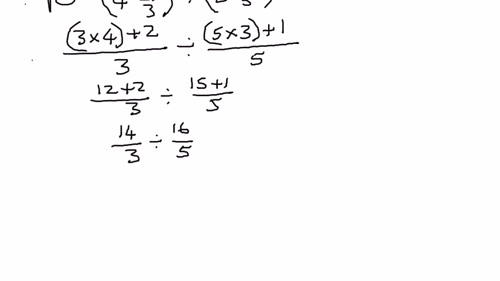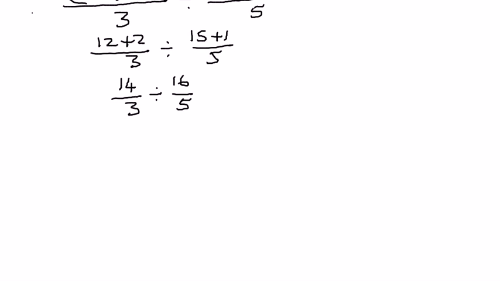Now here I want to show you that we can simplify this part of it. We write the first fraction as is. This is same as 14 divided by 3 divided by 16 divided by 5.